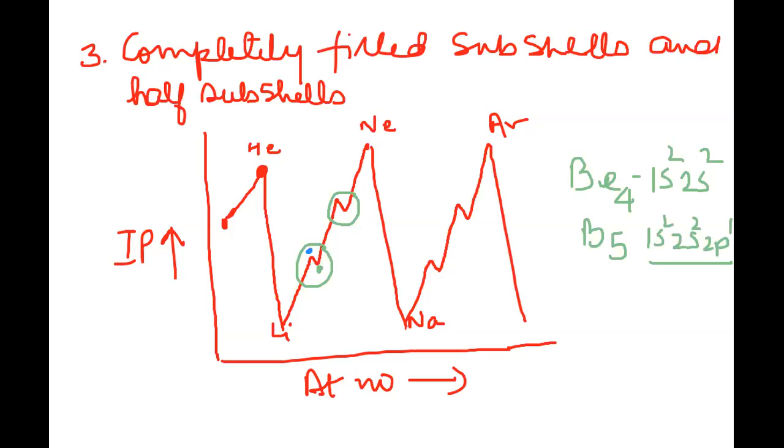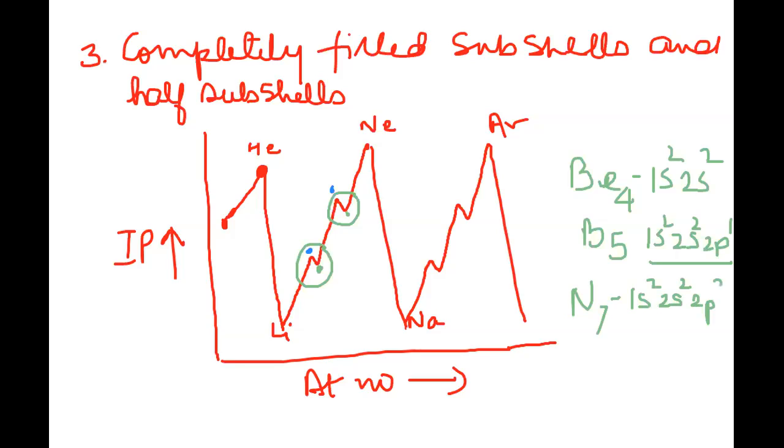Again, it starts to rise until you reach nitrogen. The one in blue shows an exceptionally high value because it is meeting a half-filled stability. For nitrogen, the atomic number is 7, so the configuration is 1s2 2s2 2p3.